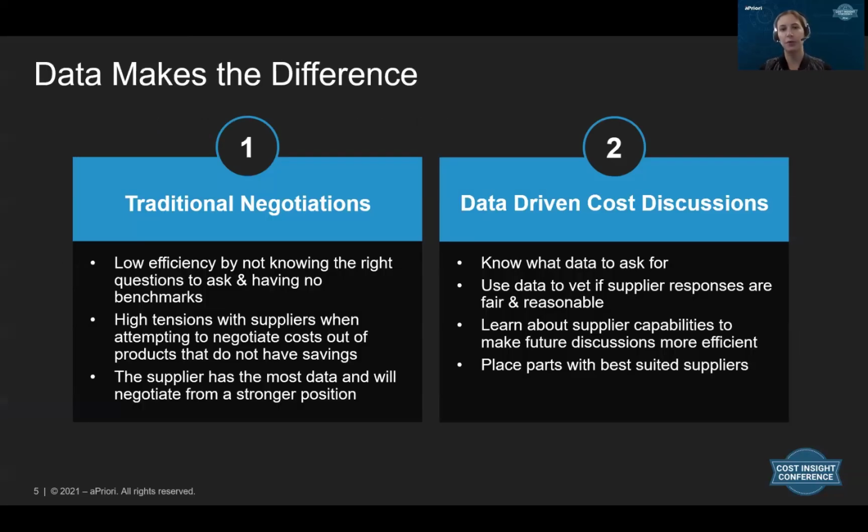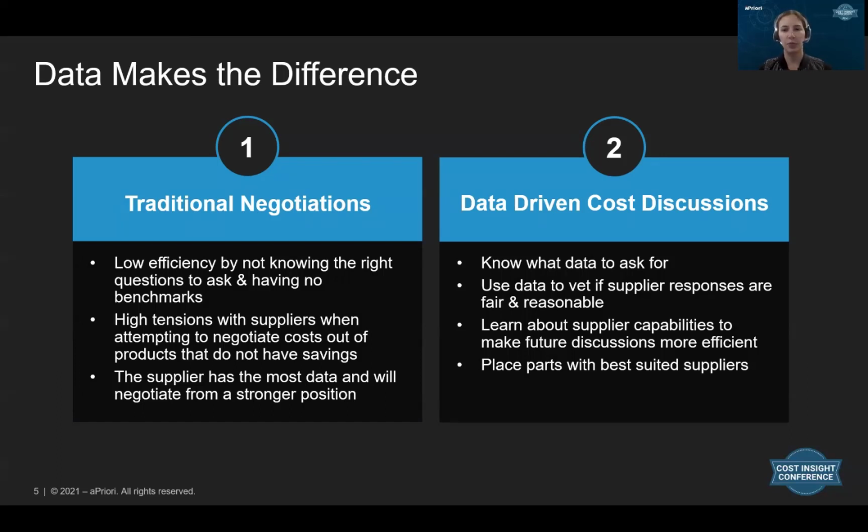Data makes the difference between a traditional negotiation and a cost collaboration. In a traditional negotiation, the buyer doesn't know the right questions to ask to uncover where the cost drivers are, and they have no benchmark to vet any information they do uncover.